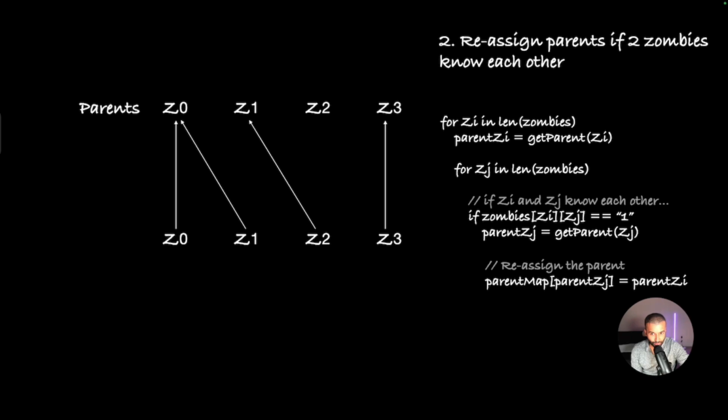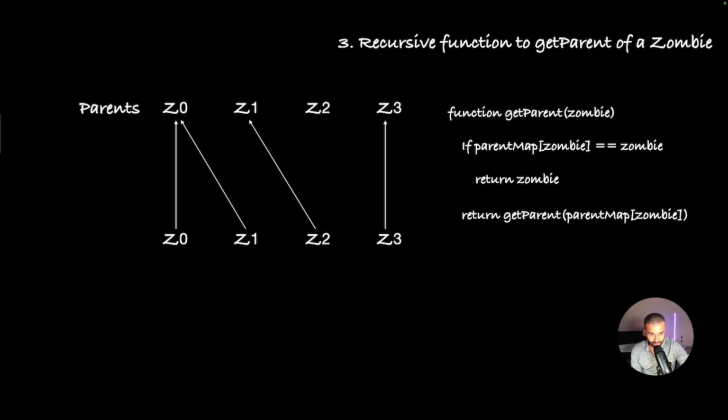And Z2 knows Z1, so we change Z2's parent to point to Z1. And this is our recursive function, getParent of a zombie. Notice that if we supply Z1 into this function, we get the parent Z0, and if we supply Z2, we also get Z0.